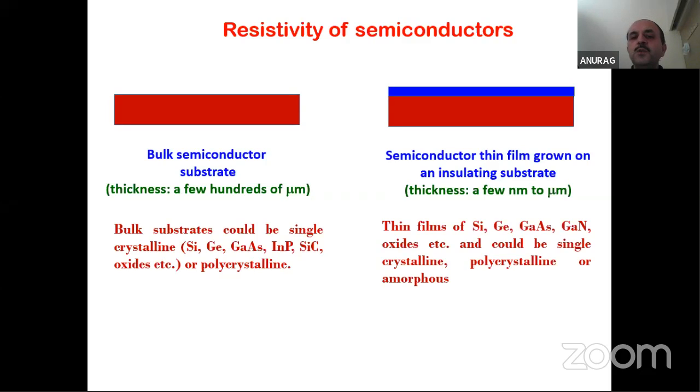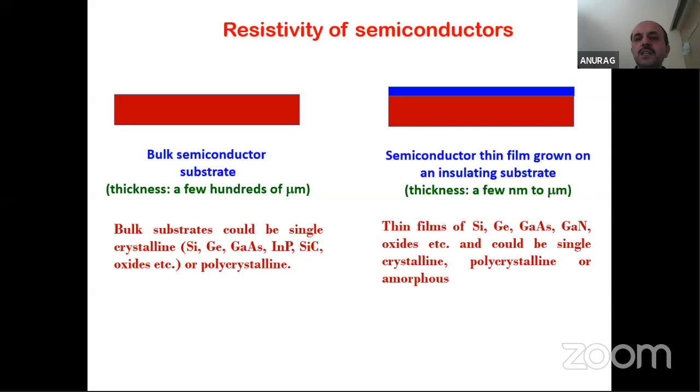And again, now you see thin film can be of these materials and single crystalline, polycrystalline, and even amorphous also. Like gallium oxide, if you deposit over sapphire by spin coating method, then it is going to be amorphous. Or if you then anneal it, then some small grains will start nucleating in this thin film. It will become a kind of nanocrystalline. So all these possibilities then open up.